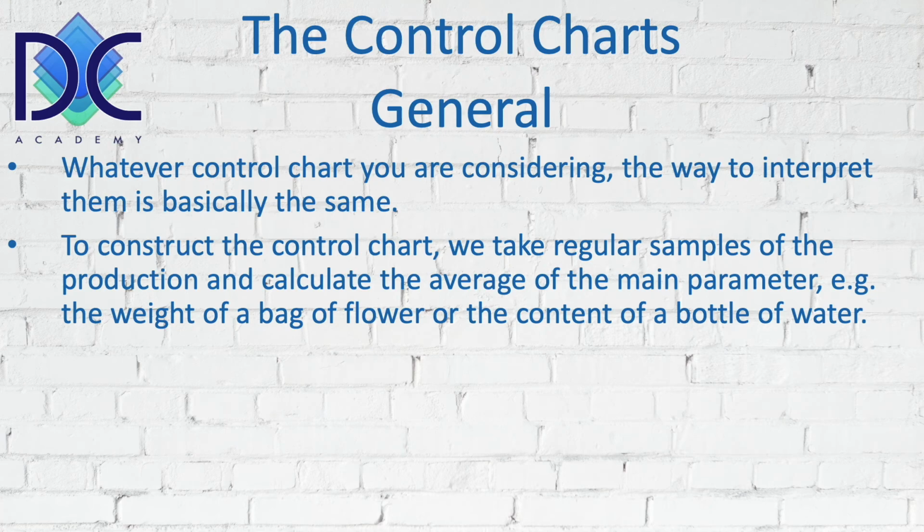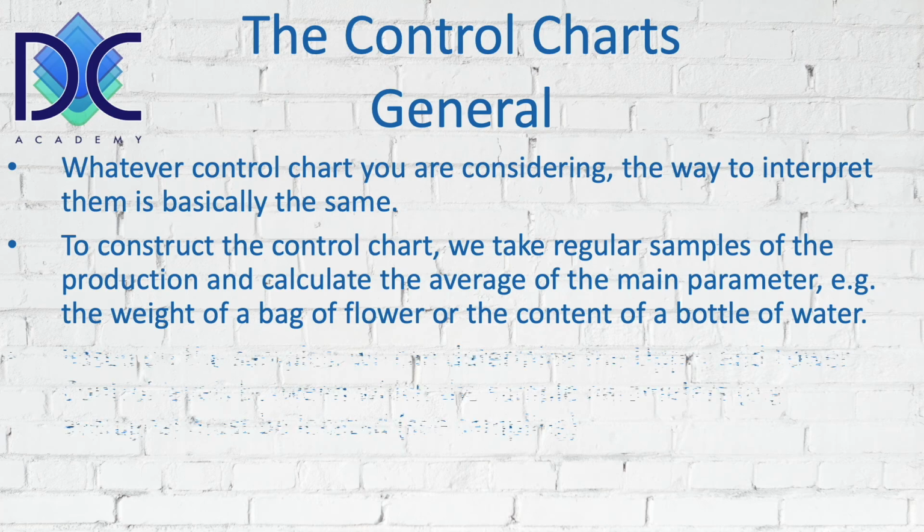So we take a number of bags, we weigh them, we verify if the quantity is there. We call that a sample. Or we can have a bottle of water or wine or beer, and we can verify if the content is correct. Each time we take a sample, and we're going to see what's happening with those samples over time.